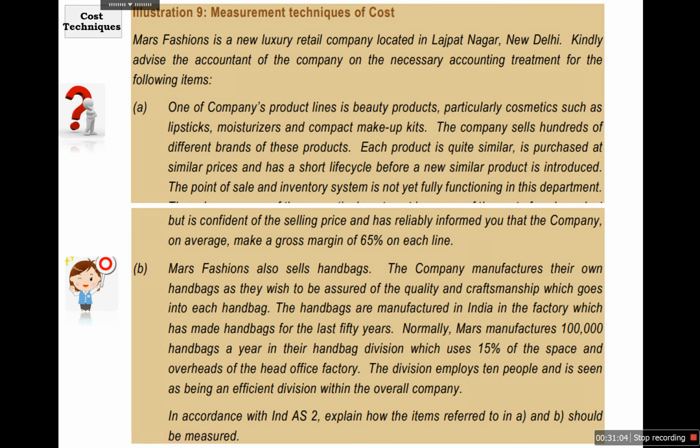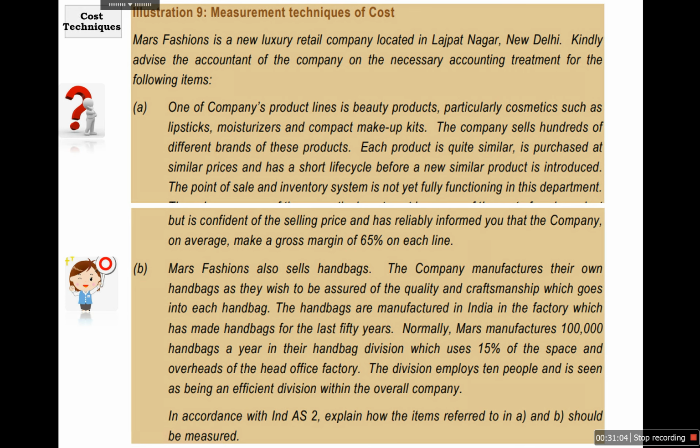And in case of reversal of write down, we need to reassess the NRV at the end of each period, and if the condition improves, we need to reverse the devaluation that we have booked, and the reversal will be limited to the original devaluation that we have booked, and the carrying amount again will be the cost or revised NRV.